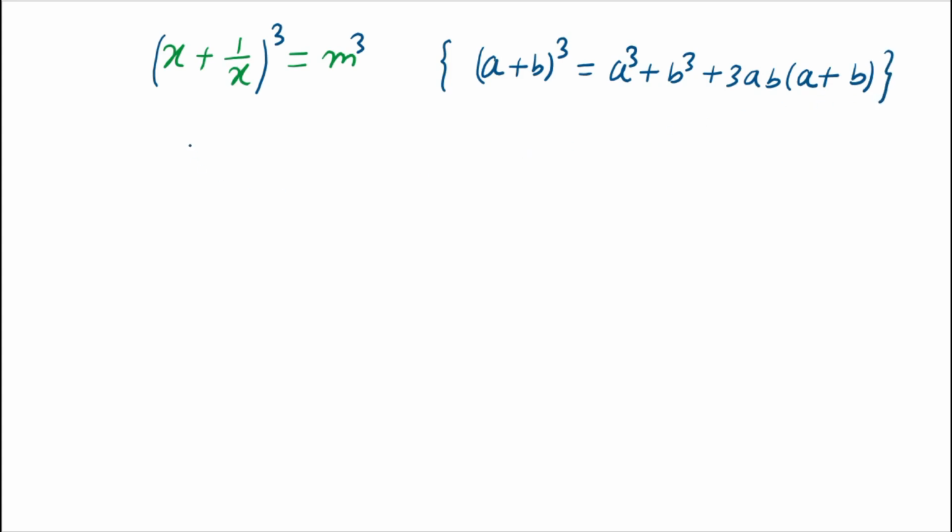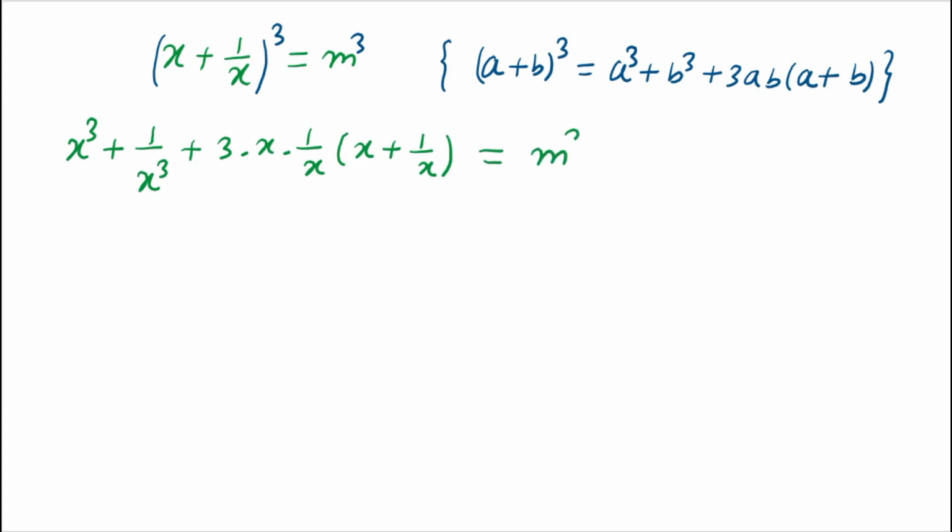If we apply this rule, then the left hand side is x cube plus 1 over x cube plus 3 times x into 1 over x times x plus 1 over x, and this is equal to m power 3.